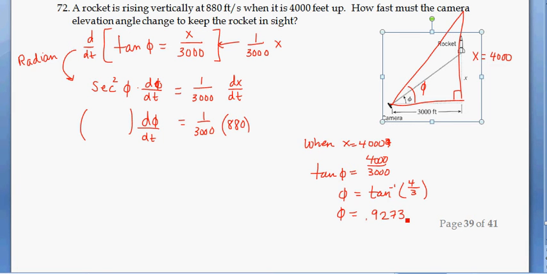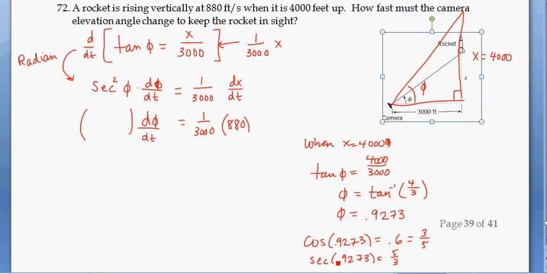I want to use that answer to find what secant of phi is and square it. So I'm going to keep this answer stored in my calculator and then take cosine of that answer. Try not to round if you can. Your calculator will then know the exact value is 0.6, or 3/5. If cosine of the angle is 3/5, then secant of that angle must be the reciprocal, so that's 5/3.